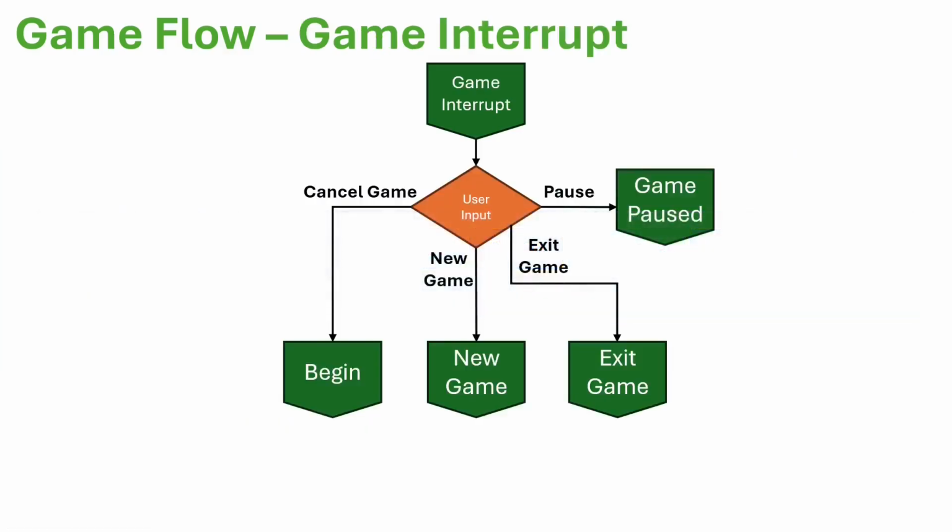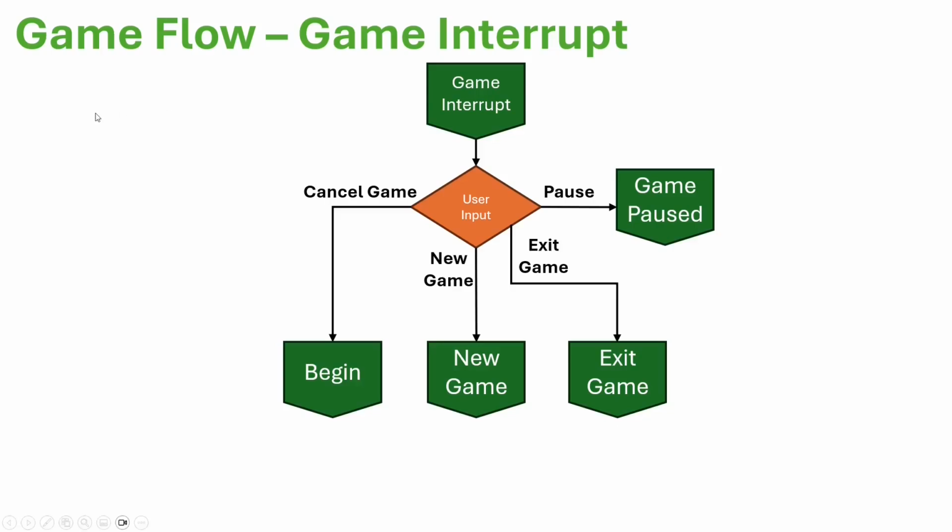We have 4 different options when the interrupt can occur there. They can either cancel the game, in which case they go back to the beginning. They can click on New Game, in which they can start a new game, or they can click on exit game, which will exit the current game. And this will obviously stop the current puzzle, reset all the parameters, and get us back to the screens we've seen before. But the big thing here is that they can also pause the game.